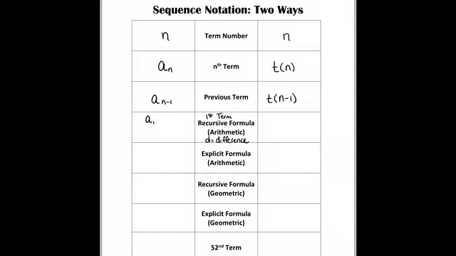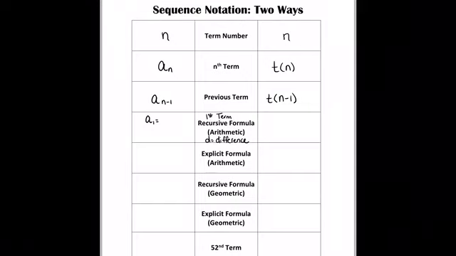We would have the first term, and we would define that term, and then we would give a rule for finding the nth term. And to find the nth term, we take the previous term, the a sub n minus 1, and we add our common difference.